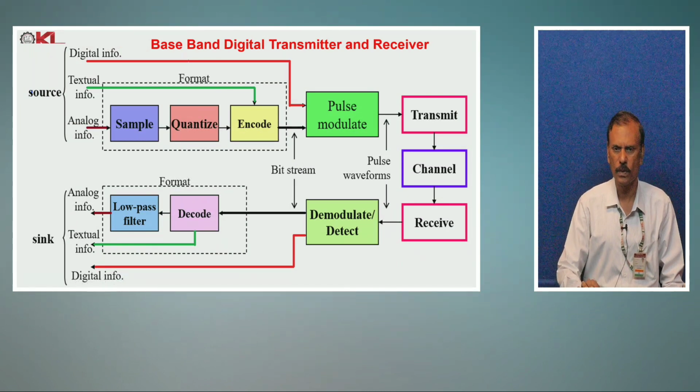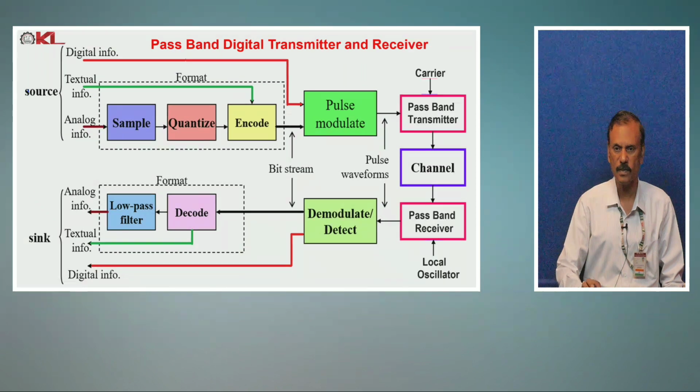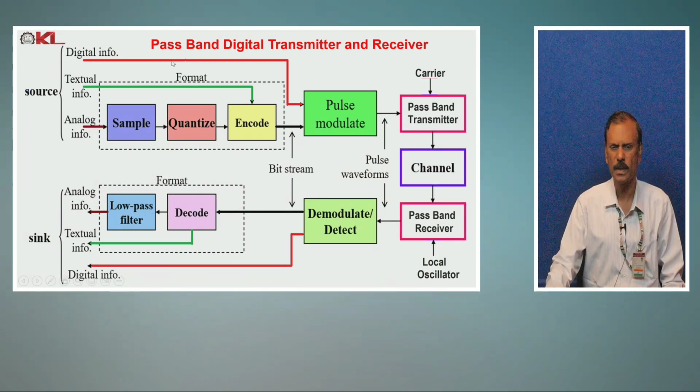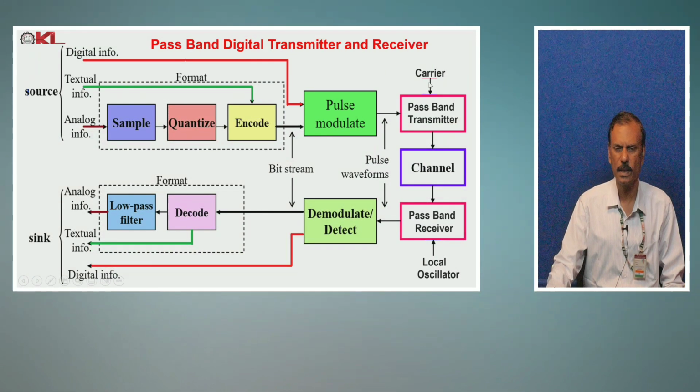Whereas now we are going to study passband digital transmission. Passband digital transmission means we are doing the modulation by using an analog carrier signal. Here at the transmitter we use a carrier signal, but the modulating signal is again digital information only.